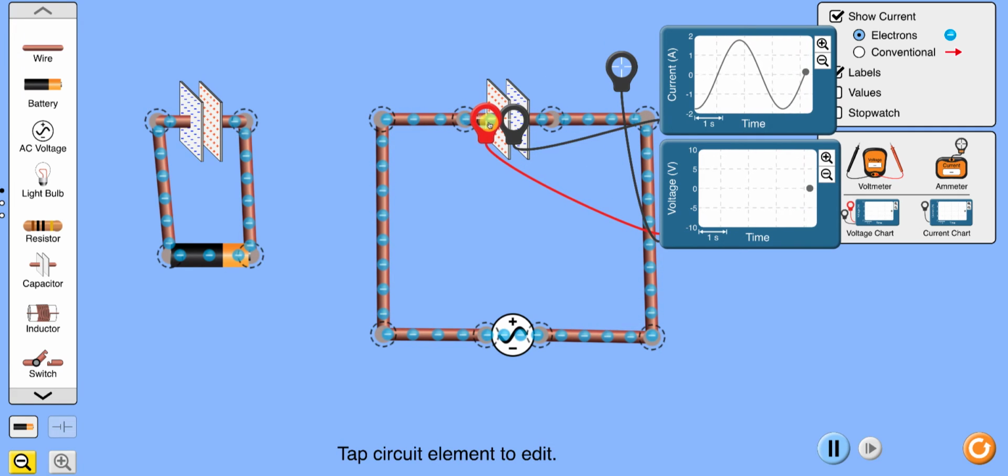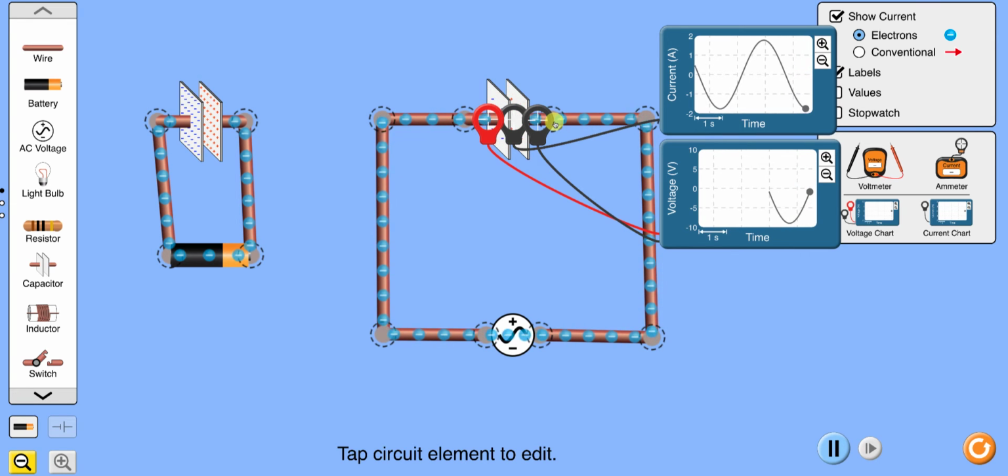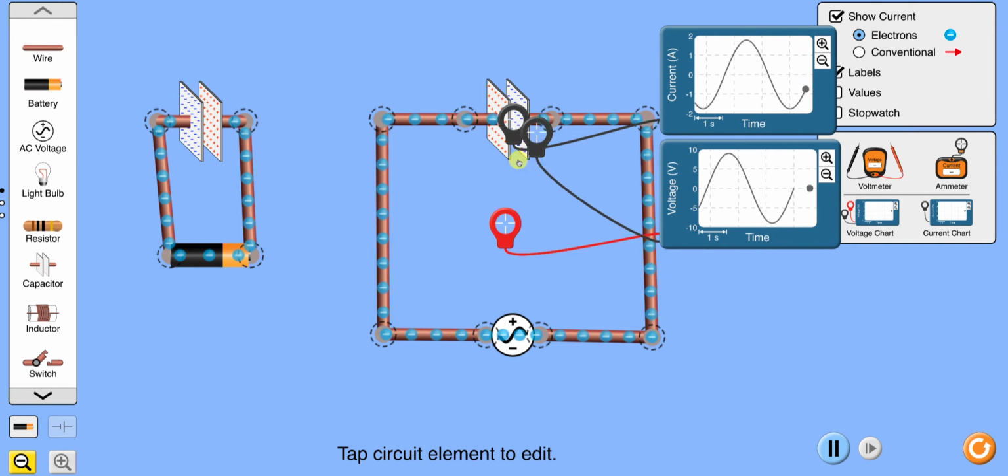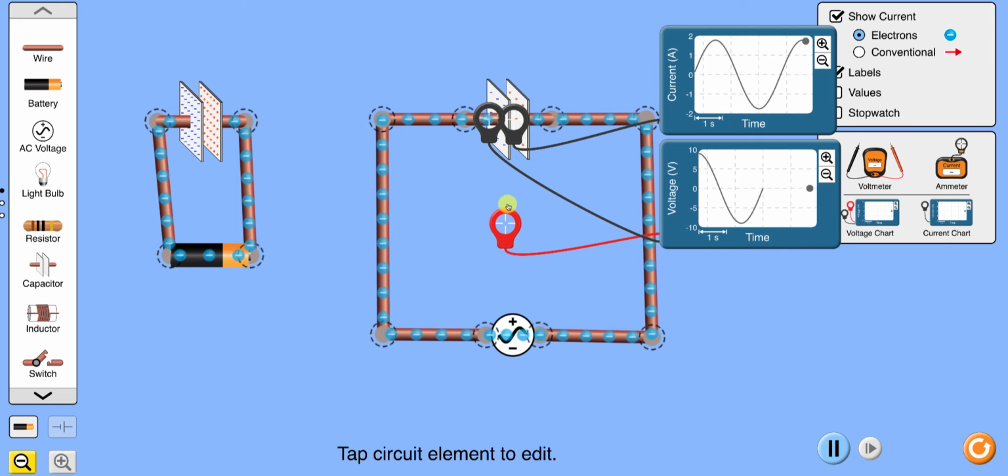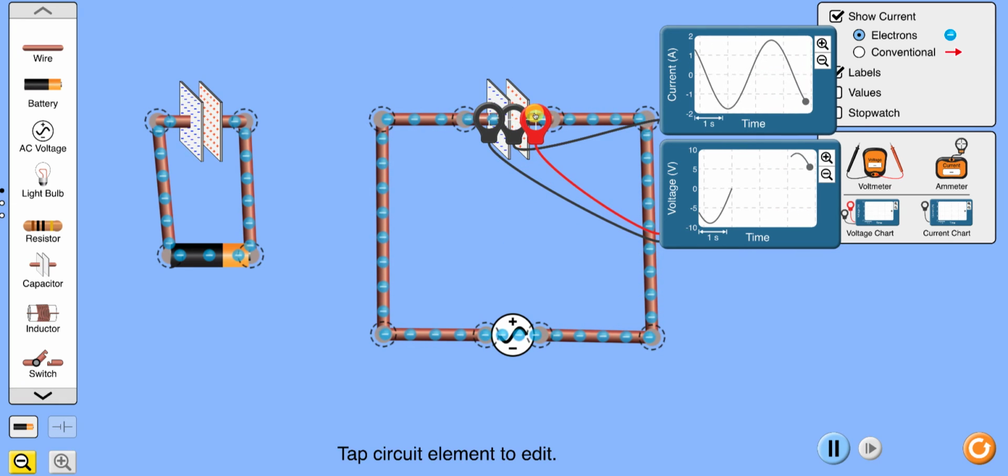And I will also measure the potential difference. If you look at only the potential difference versus time graph, it is also a sinusoidal graph.